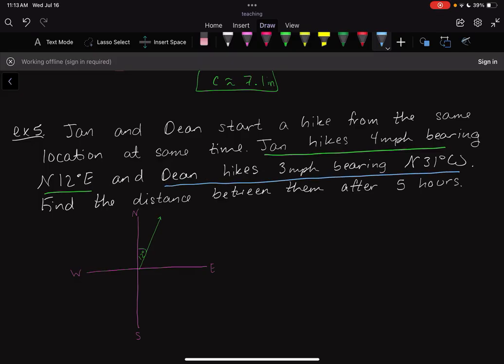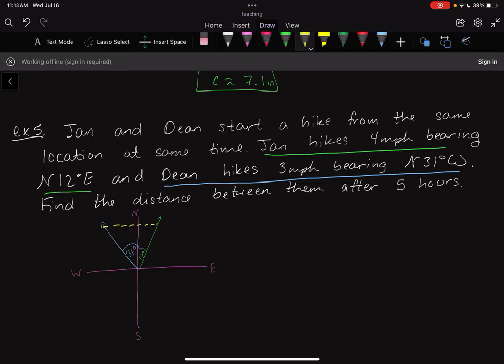He hikes 3 miles per hour bearing north 31 degrees west. So he's going mostly north, but a little bit further west by 31 degrees. So that's how we're going to draw this. Now what I'm looking for is this right here. After 5 hours, how far apart are they?